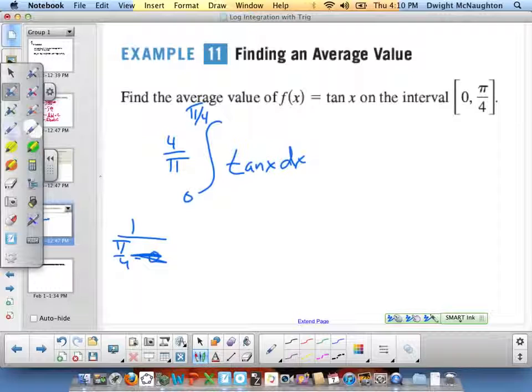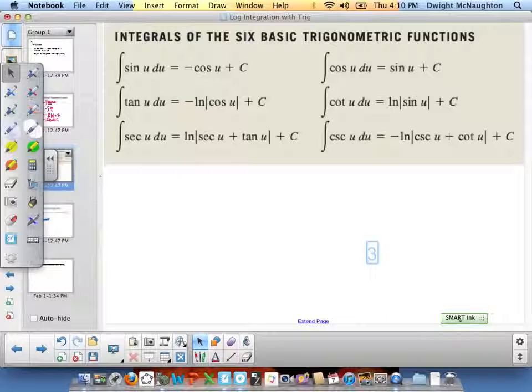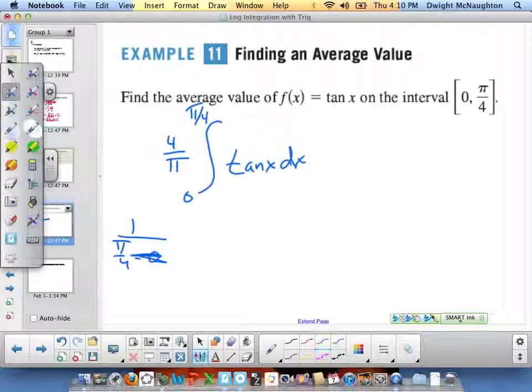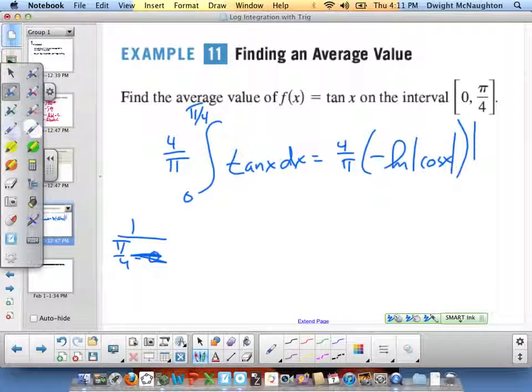All right? As we just saw, the antiderivative of tangent is negative natural log of cosine. So the antiderivative of tangent is negative natural log of cosine from 0 to pi over 4.